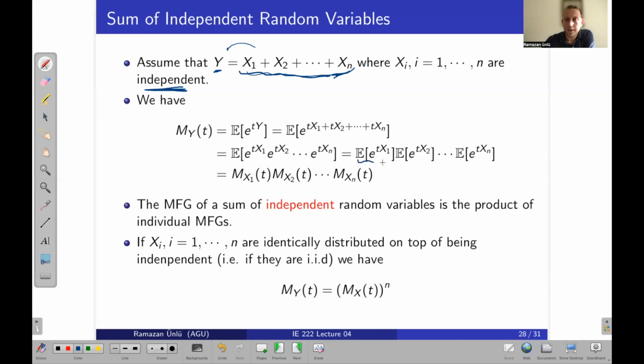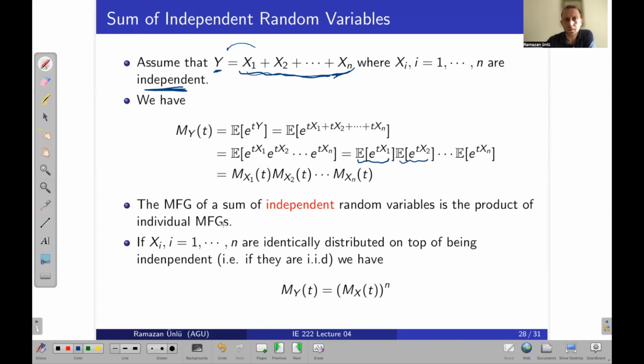So that is the moment generating function of X1, right? And that is the moment generating function of X2. So that is equal to the multiplication of the moment generating functions. So the moment generating function of a sum of independent random variables is the product of the individual moment generating functions.